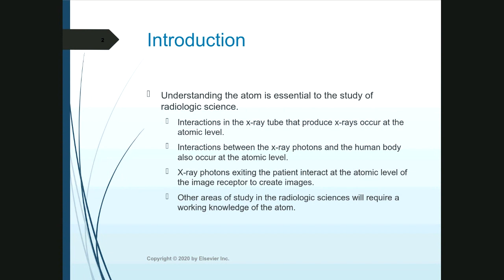Also, when we talk about the interactions between the X-ray photons and the body, those occur at the atomic level as well. And based on those interactions, it determines both the radiation dose that's given to the patient and how the body part will actually be imaged, meaning that when those interactions take place in the human body, it determines if the part is going to show up on an X-ray because it's radiopaque and the photon gets absorbed in the part, or if it's not going to really show on an X-ray because it's so radiolucent that the photon passes right through.